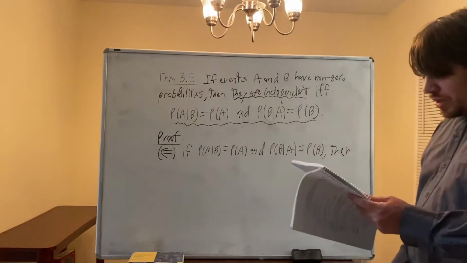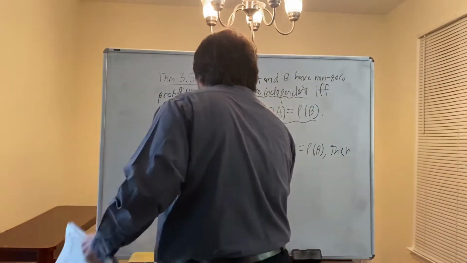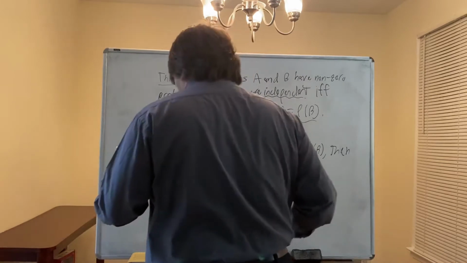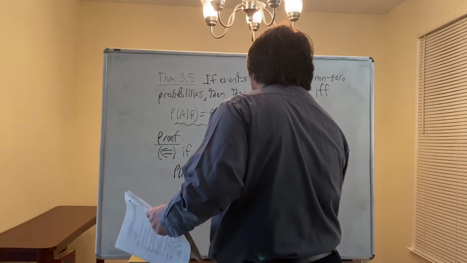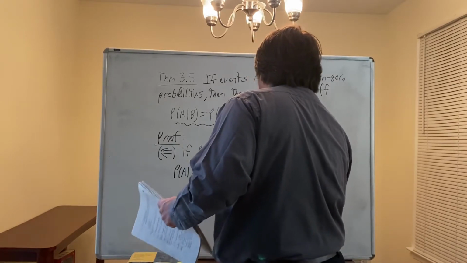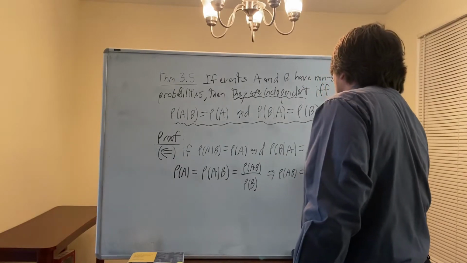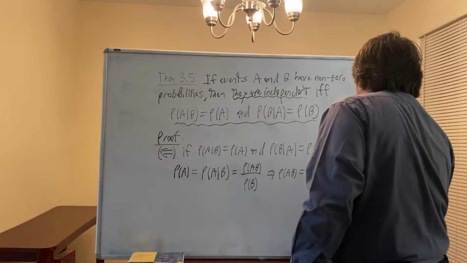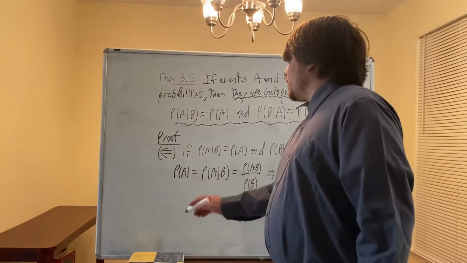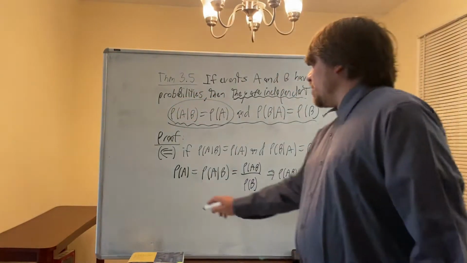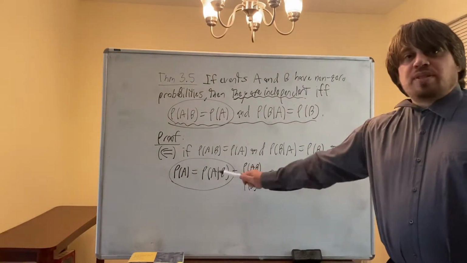if those two equations hold, then the probability of A is equal to the probability of A given B, and that equals the probability of AB over the probability of B. That implies that the probability of AB is equal to the probability of A given B times the probability of B. We're starting with the assumption that the probability of A given B equals the probability of A, and this is equal to the probability of AB over the probability of B by the definition of conditional probability.